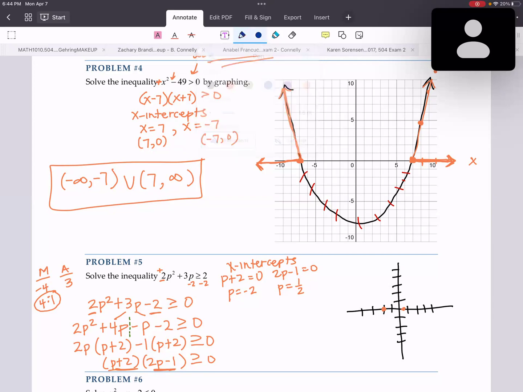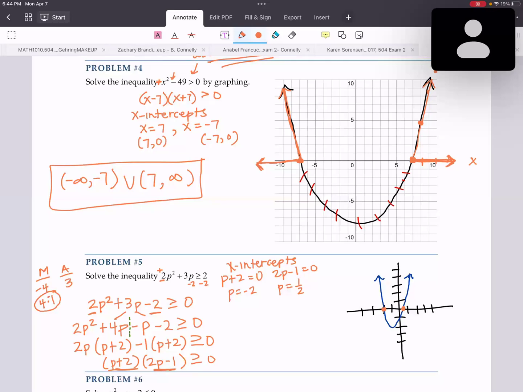Let's see, different colors, in blue. So it's going to look something like this. And again, my vertex might be down a lot further than that, but it doesn't matter how far down it goes. We just know that the stuff in between -2 and 1/2 is going to be the stuff that's below the x-axis, and then the stuff that is above the x-axis, everything's kind of going out from it.